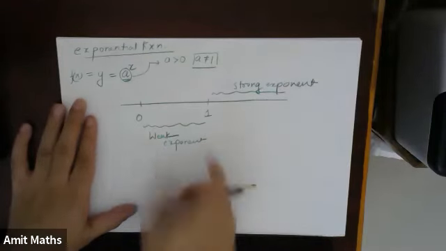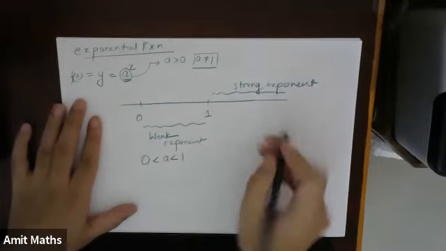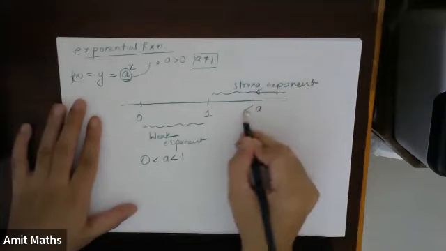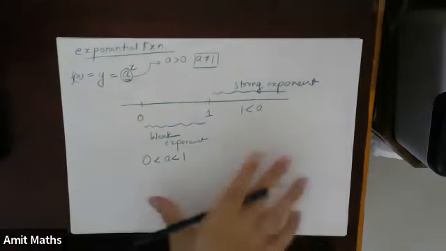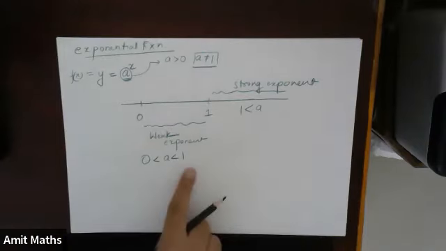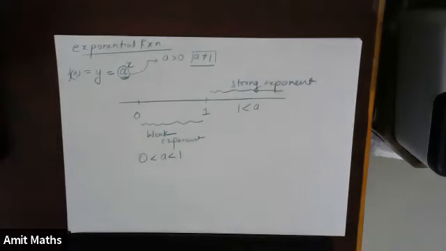So I'll take weak exponent such that a is less than 1 and greater than 0, and strong exponent such that a is greater than 1. I'll try to draw the graph of a less than 1 and greater than 0 and a greater than 1 separately. First, I will try to draw the graph of a greater than 1.